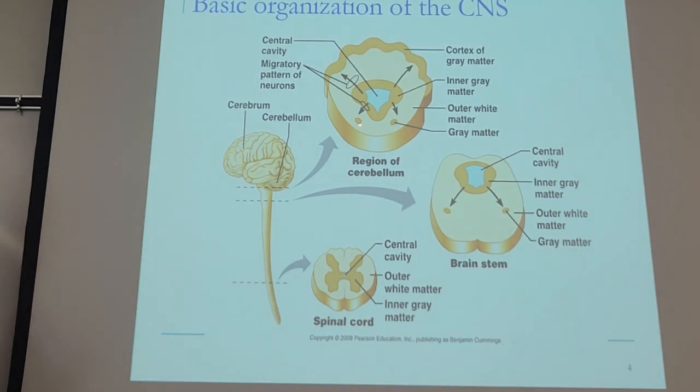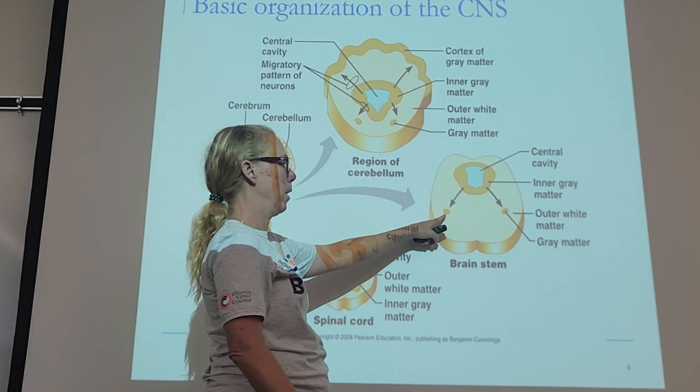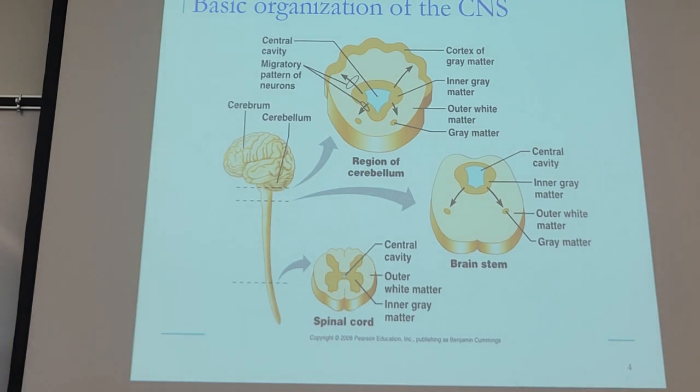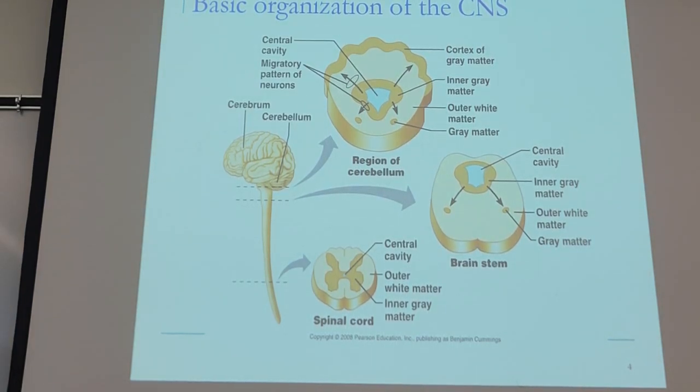Another structure you're gonna find in both the cerebrum and the cerebellum are these deep clusters of gray matter, okay? A little bit different than the spinal cord. So you're gonna find deep clusters of gray matter. And we're going to call those, in general, we're gonna give them a name just because it's easier if we identify them as something. We're gonna call those brain nuclei.